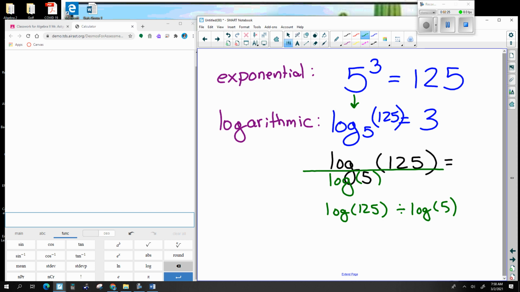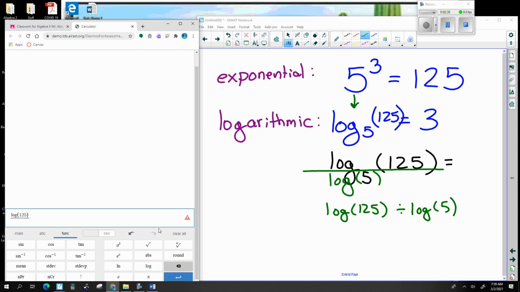And then you can use your calculator to handle those sorts of things. So we could go log 125 divided by log 5, and we see that it's 3. So you could do it that way. That's what we learned yesterday.